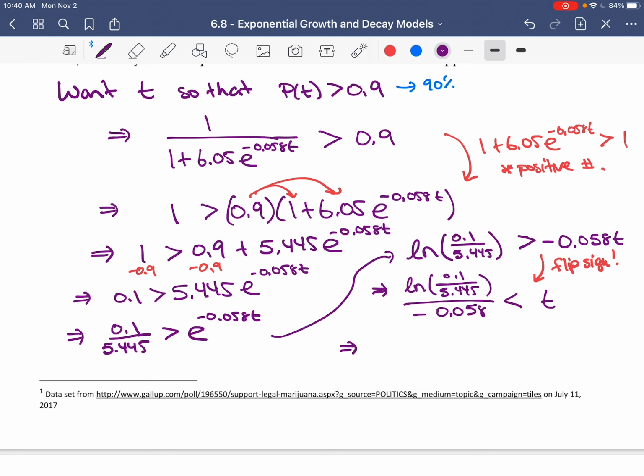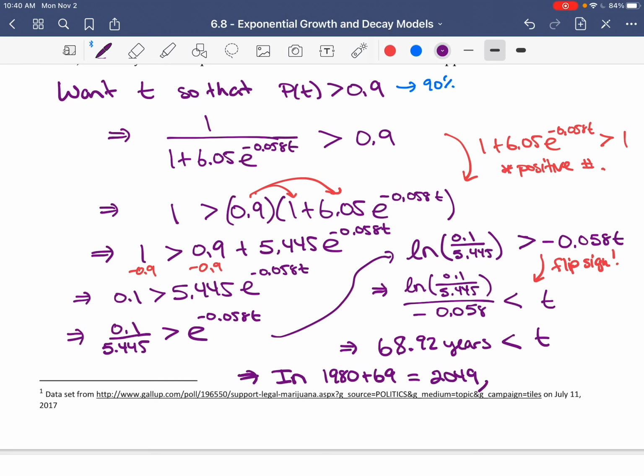And if you compute that number, it's approximately 68.92 years. Okay, so t needs to be bigger than 68.92 years, so about 69 years, which means that it's going to happen in 1980 plus 69, which is going to be 2049.